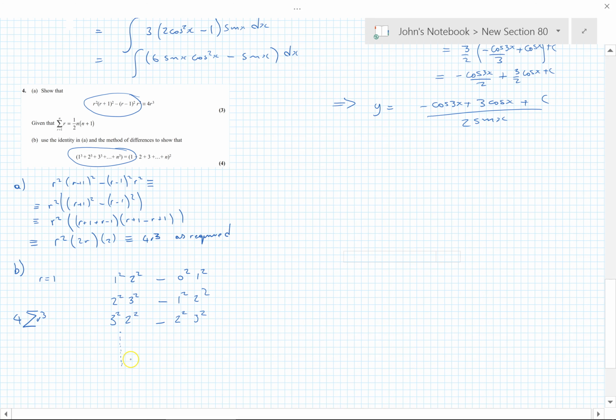Here we have the last term we're putting in. It will be, when r is equal to n, we'll have n squared times n plus 1 squared minus n squared times n minus 1 squared.